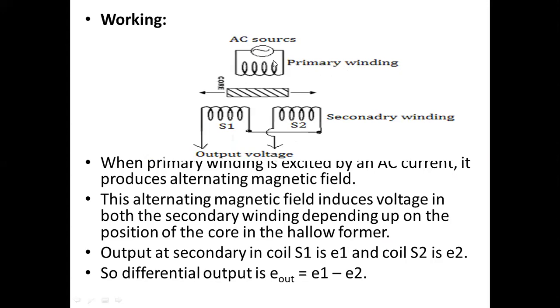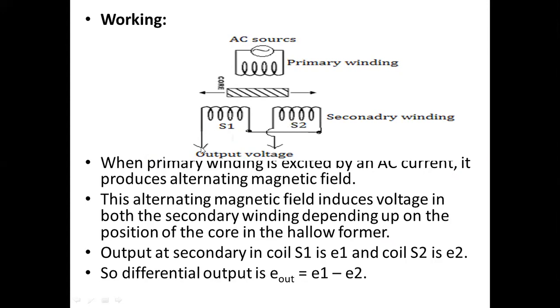Whenever we give the supply, the EMF or flux will be produced here and linked to the core. This core flux links to the secondary windings S1 and S2. If the core is at the center position, the flux linkage for the secondary windings S1 and S2 will be equal here.